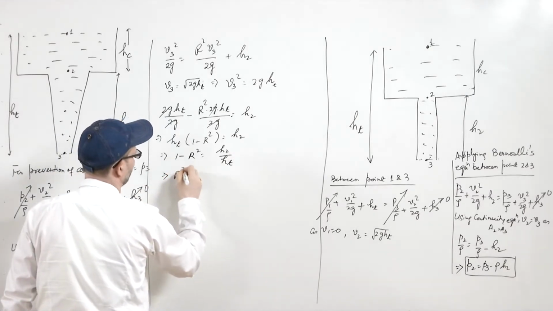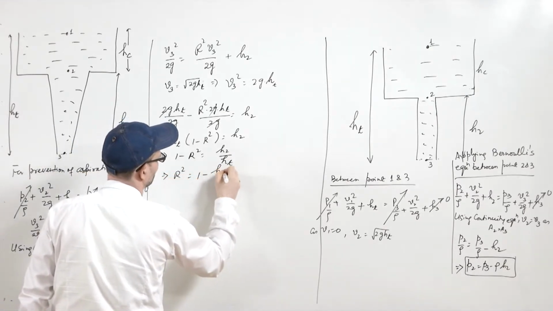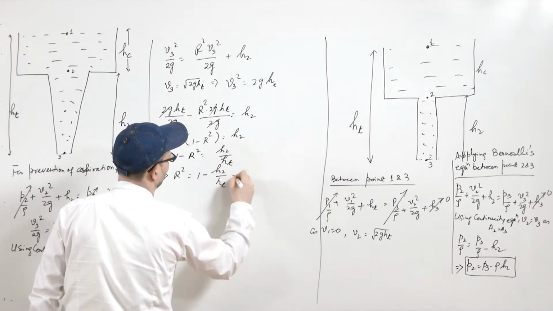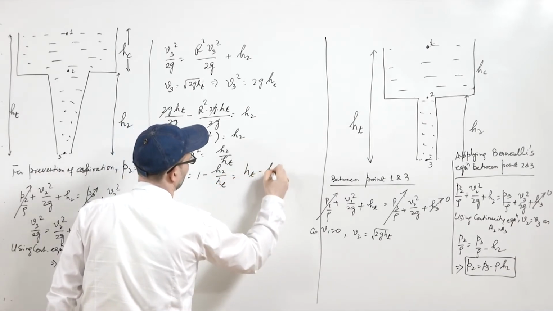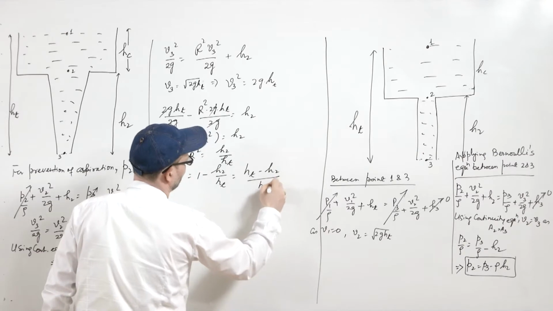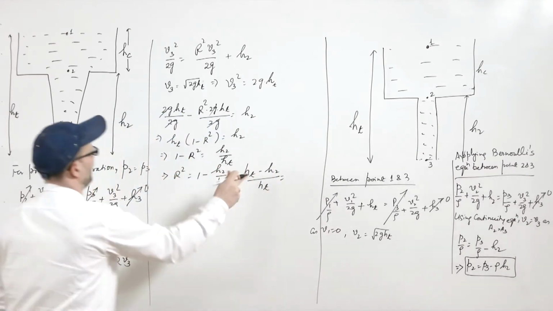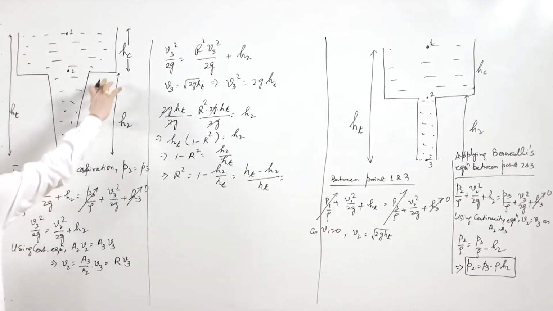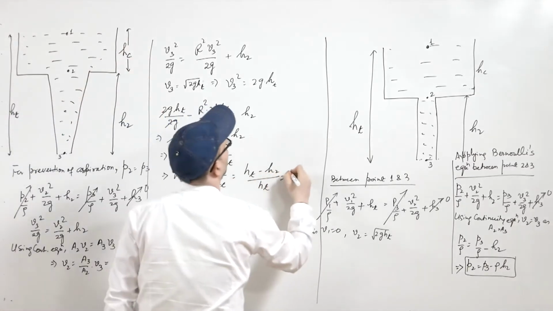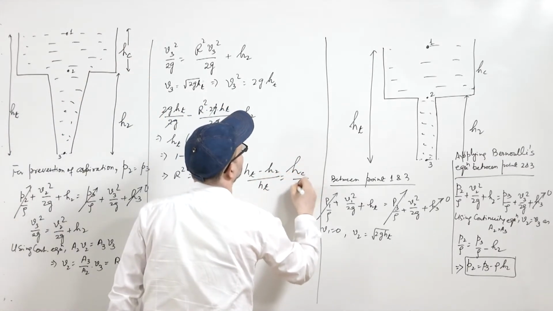R square will be 1 minus H2 by Ht, that is Ht minus H2 by Ht, and this is Ht and this is H2, so this is Hc. So, this is Hc by Ht.